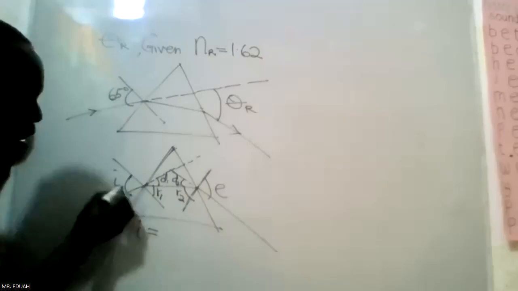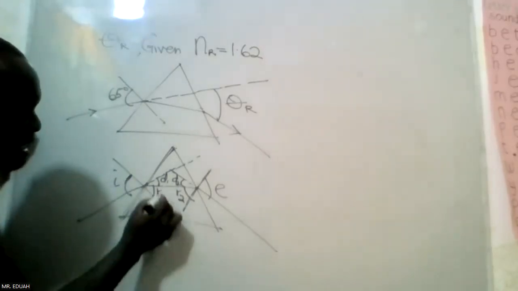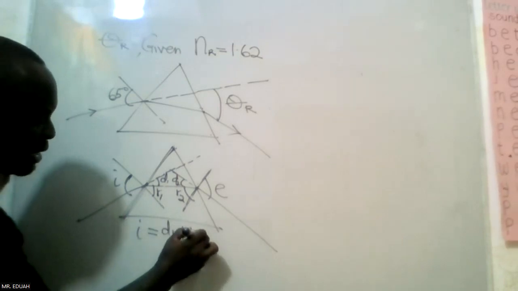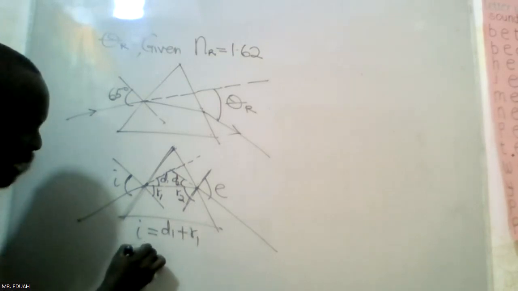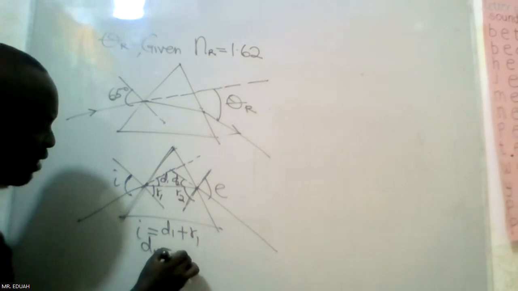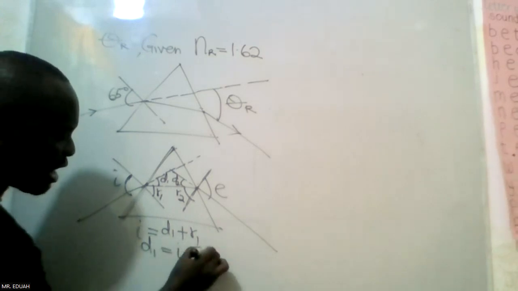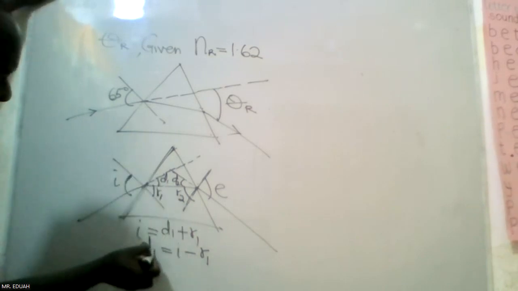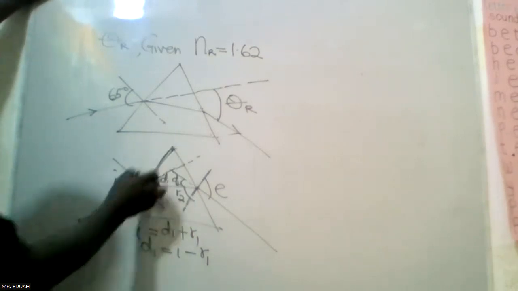So the angle of incidence is equal to D1 plus R1, so that when we make D1 the subject, we have I minus R1. This gives us the angle of deviation with regards to this first refracting plane.